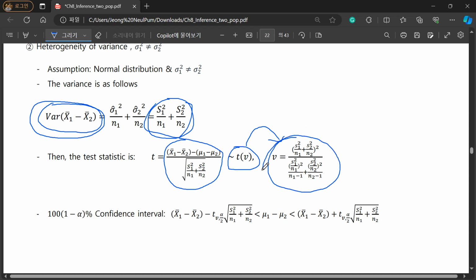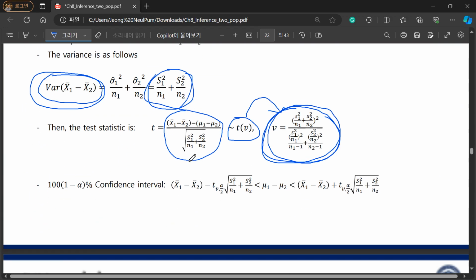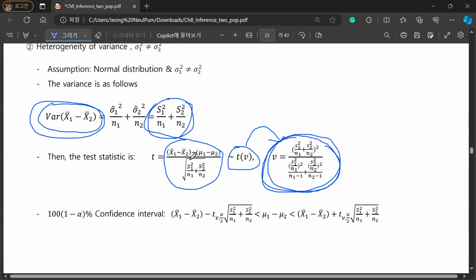It is a very, very complicated formula, but it is the fact. So you have to accept this result and memorize it, or know how to use this formula in your examination or in your homework.